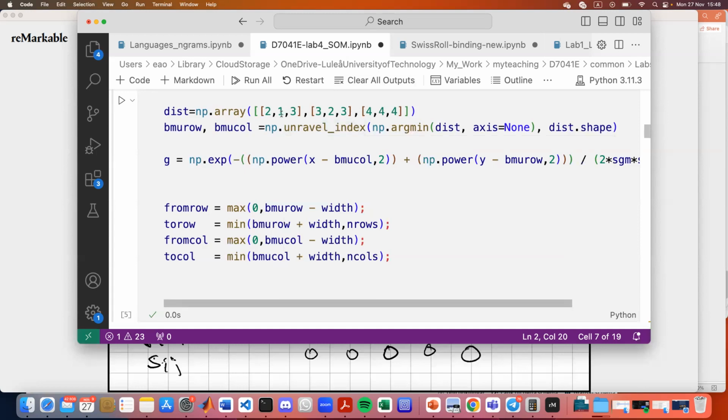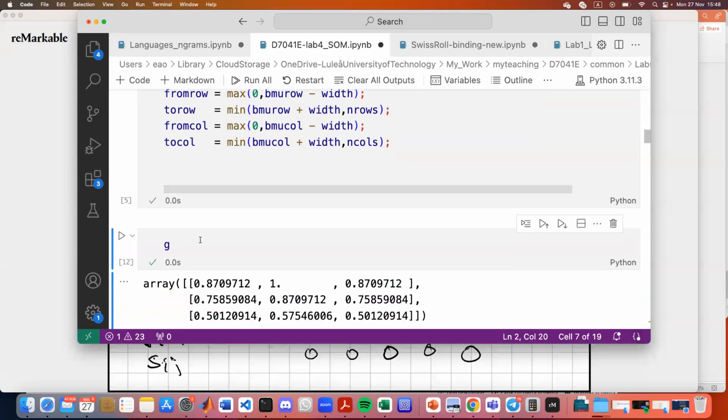You give an input and you compute the Euclidean distance in all 9 nodes, and this is the outcome. In node 0, 0 you have distance 2, then 0, 1 is 1, and so on and so forth. So dist, let me see.